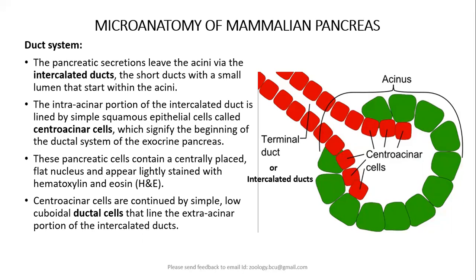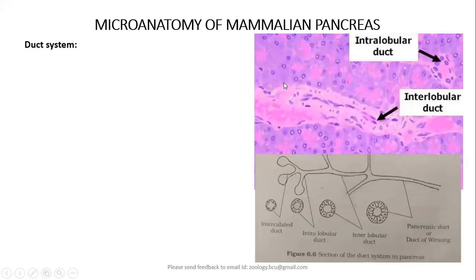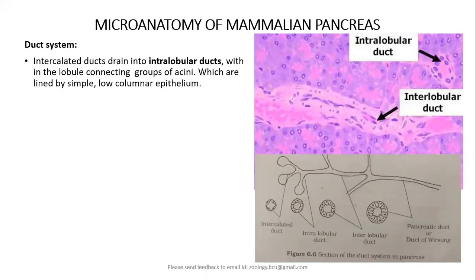The centroacinar cells also continue in the form of simple low cuboidal duct cells, which are the cells of the intercalated duct in the extra-acinar portion. These intercalated ducts extend beyond the acinus. Therefore, the intercalated ducts from a group of acini join together to form intralobular ducts.